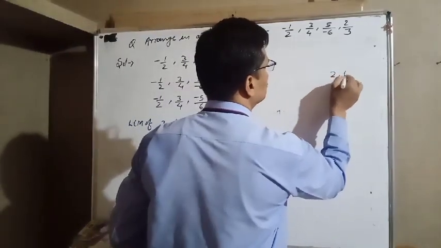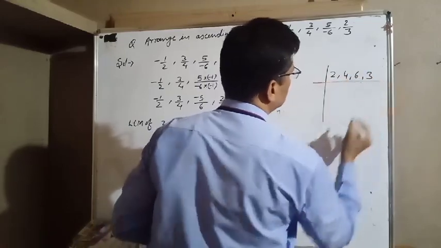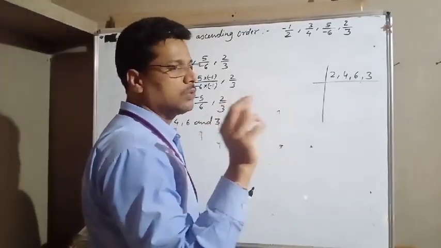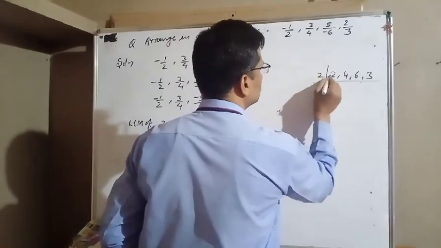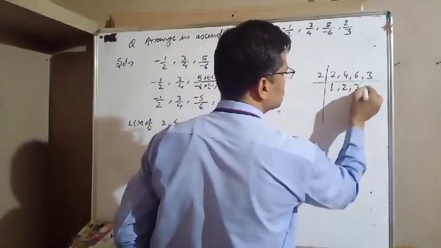We have here 2, 4, 6, 3. Whenever you are finding the LCM, first you have to divide by the smallest prime number, which is 2. 2 ones are 2, 2 twos are 4, 2 threes are 6, and 3 will come as it is.